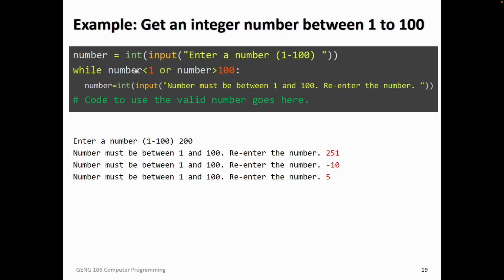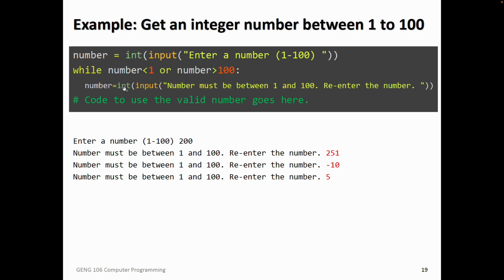If the number is less than 1, or if it is greater than 100, then it is invalid. So I will not proceed. I need to get the input again, so that's why I'm using input again with an error message, which is number must be between 1 and 100. Re-enter the number. So the user will enter it again.